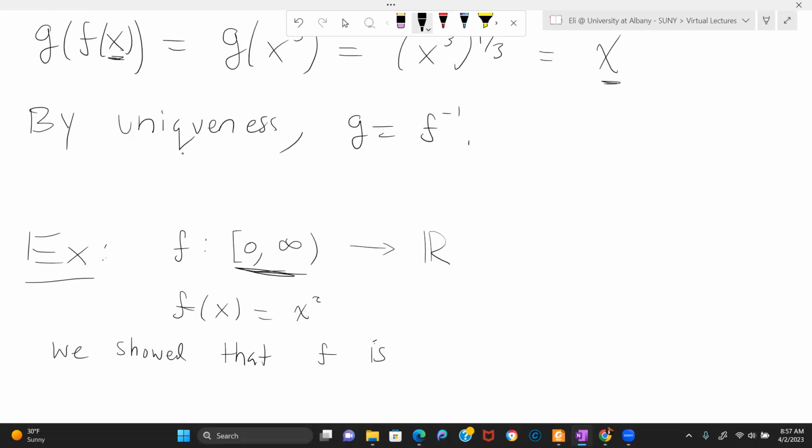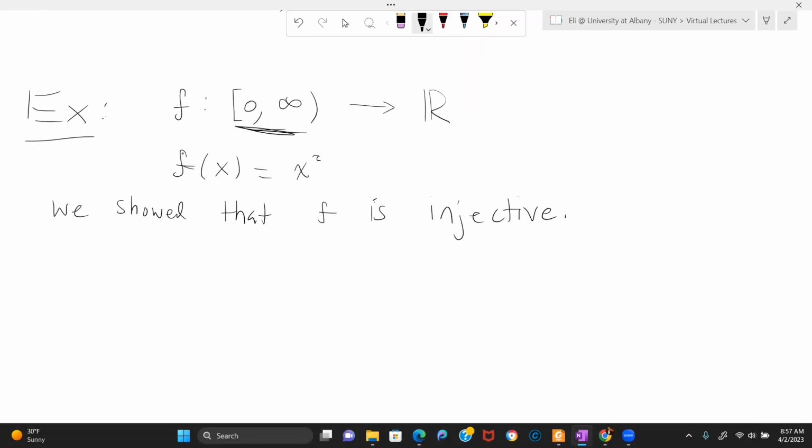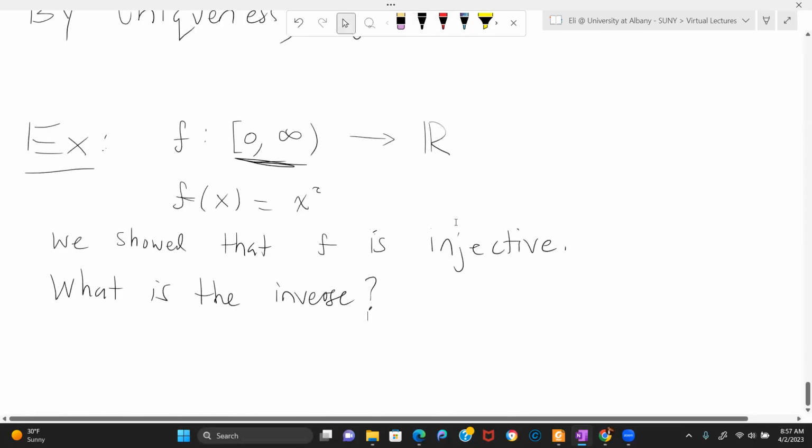But since it's defined on 0 to infinity, f is injective. So now the question is, what is the inverse? So maybe pause it for a second and try to figure that out, and try to mimic these kinds of calculations to maybe figure out what the inverse would be.